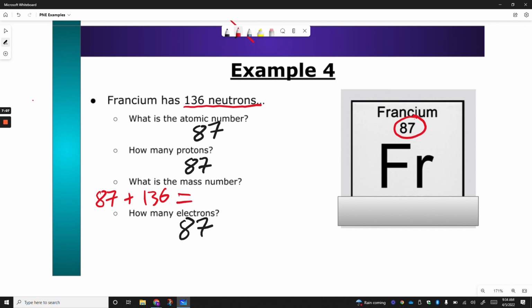And that gives us a mass number of 223, I think. I did that in my head, so if you watch this far and did it somewhere else and think it's the wrong number, come tell me. But that gives us our mass number of 223.